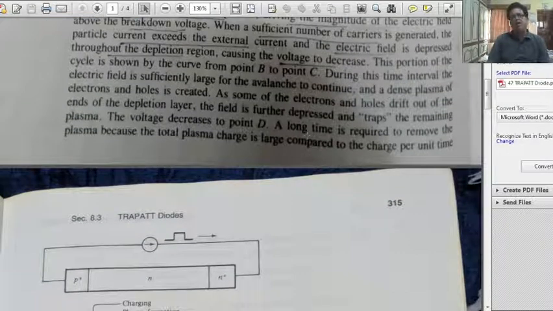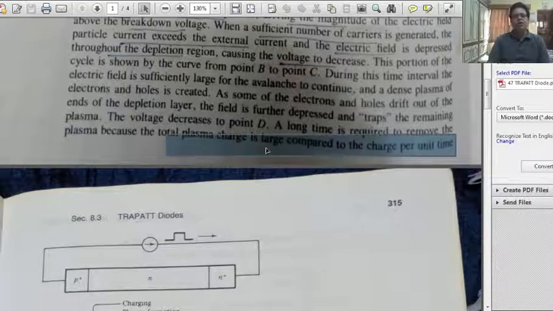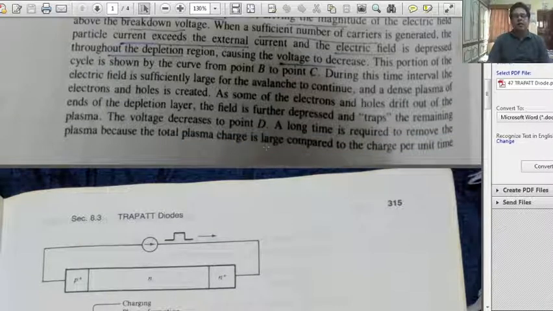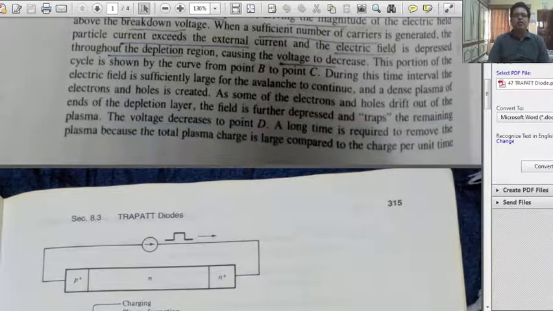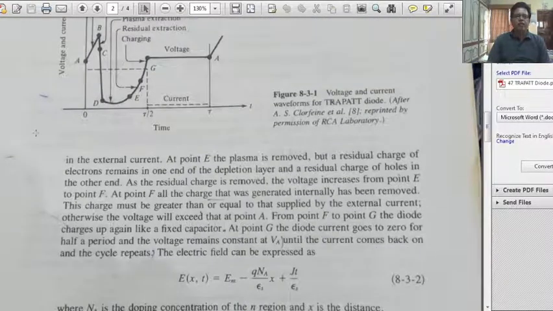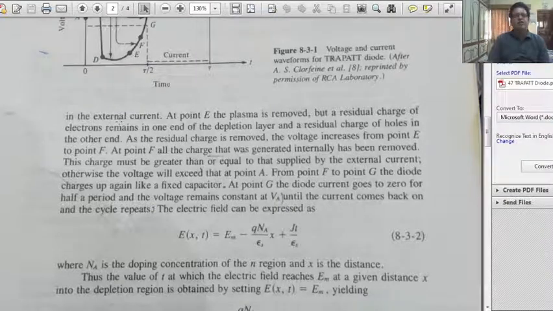A long time is required to remove the plasma because the total plasma charge is large compared to the charge per unit time in the external current.